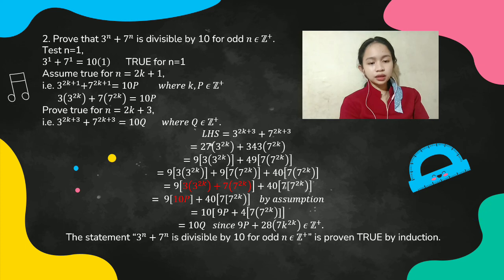So, it is equal to 10 times the quantity of 9p plus 4 times 7 raised to 2k. So, 10q since 9p plus 28 times 7 raised to 2k is an element of Z. So, the statement 3 raised to n plus 7 raised to n is divisible by 10 for odd n, elements of Z, is proven true by induction.